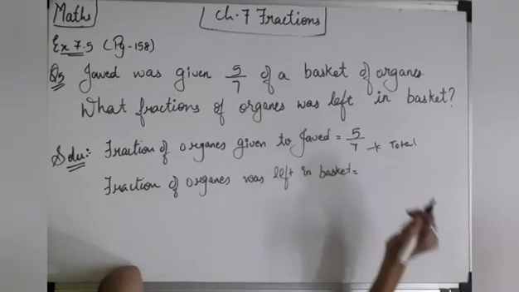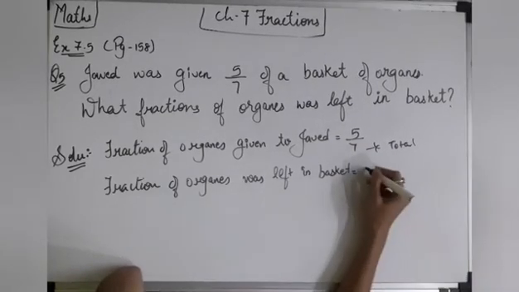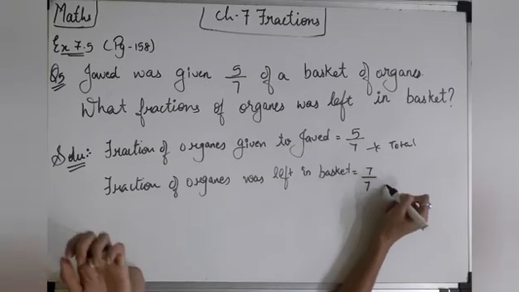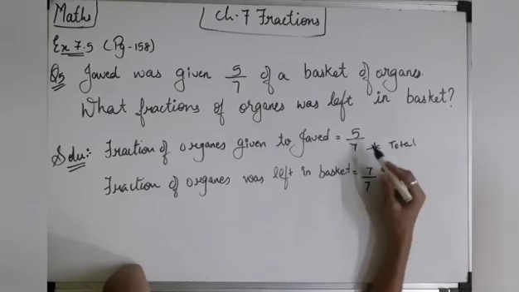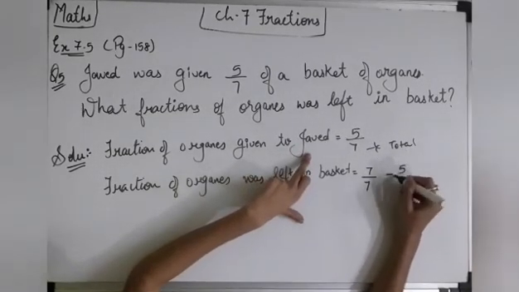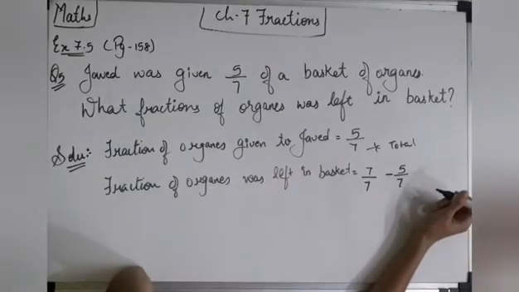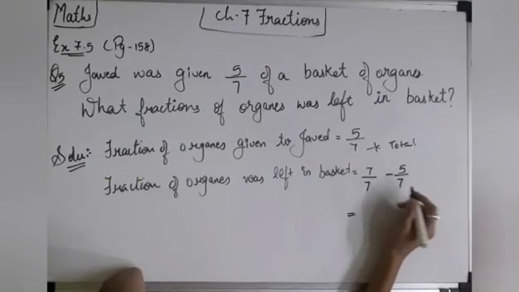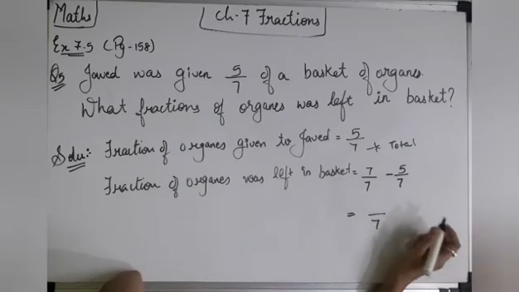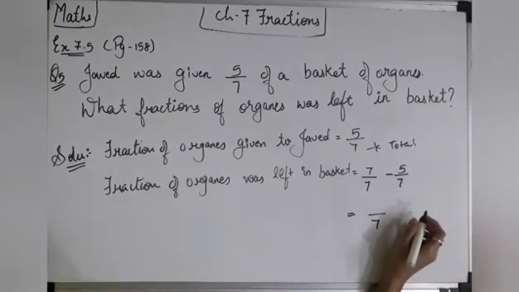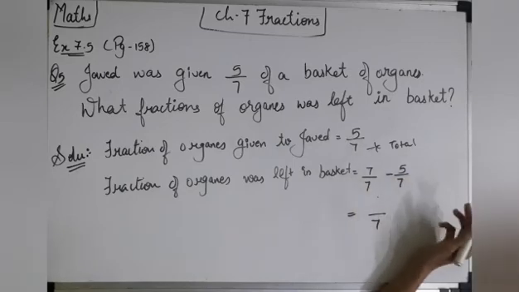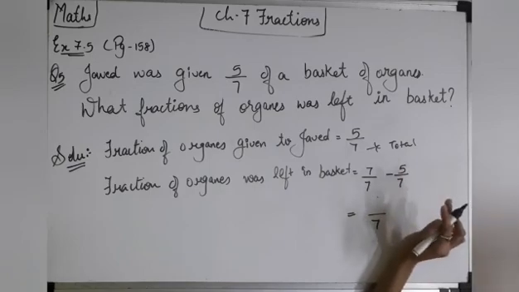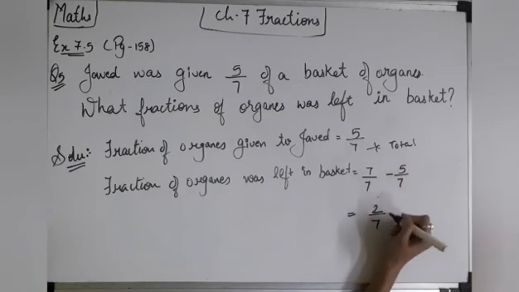Okay, so if it is divided into 7 equal parts, we can write 7 upon 7 because the total is 7, and we can subtract from that the 5 upon 7 given to Javed, right? So what will we get as the answer? Both denominators are the same, so in the denominator we will write 7 and 7 minus 5. So 7 minus 5 means what? 2. 2 upon 7 was left in the basket.